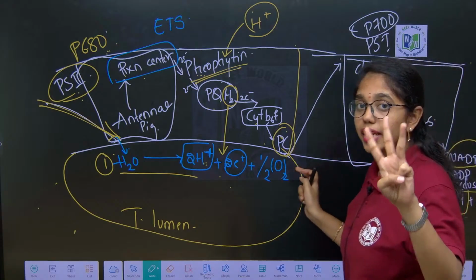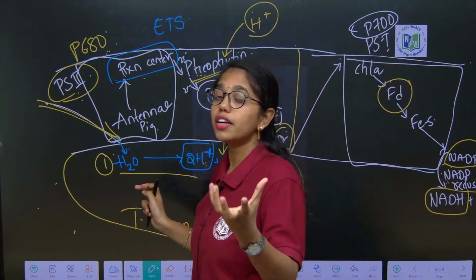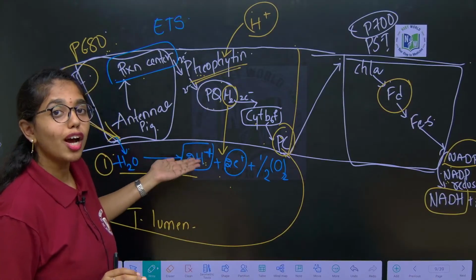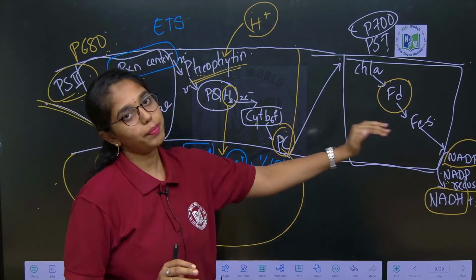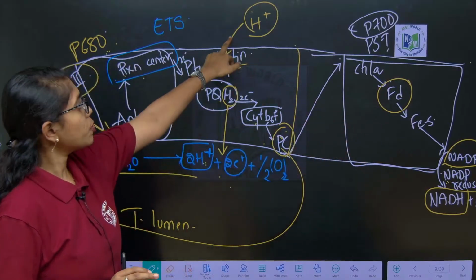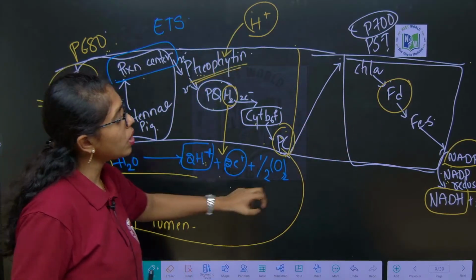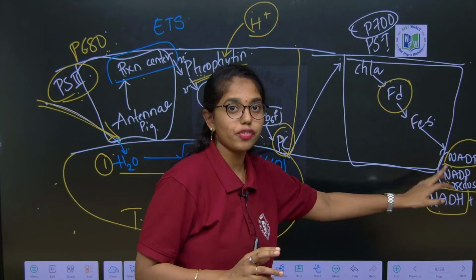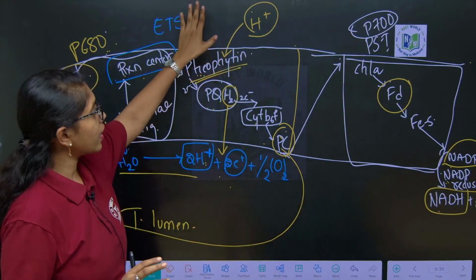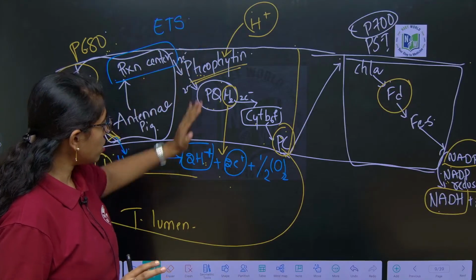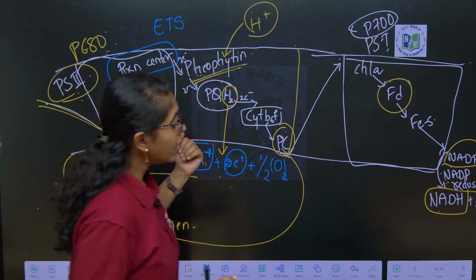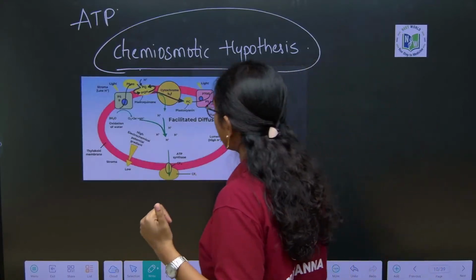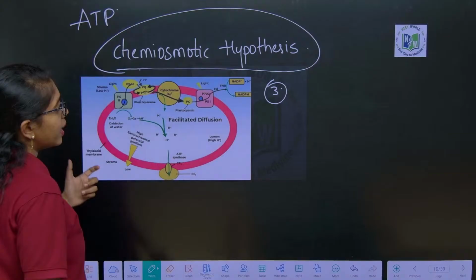So by these 3 events, the proton concentration inside the thylakoid lumen will be increased and the proton concentration in the stroma will be decreased. Yes or no? Because protons are taken by PQH2 and whichever few protons are there, they are added to NADPH. With this, the proton concentration inside the stroma will be reduced and inside the lumen will be increased. So from this, the concept of the chemiosmotic hypothesis is derived.